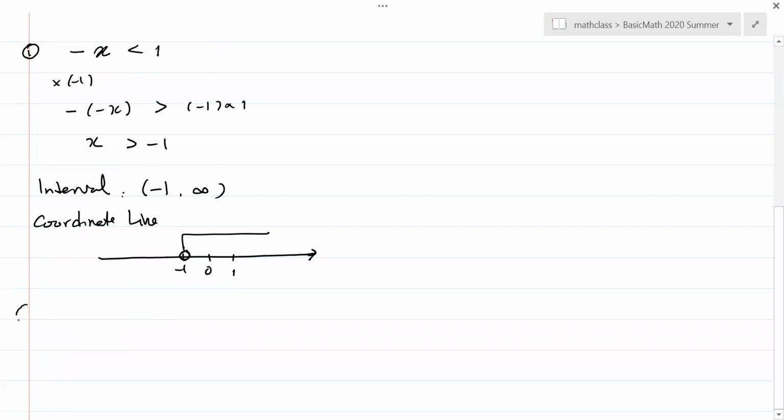Now take a look at the second problem. Coefficients are not necessarily integers. It could be something like 3/2 x greater than 3.